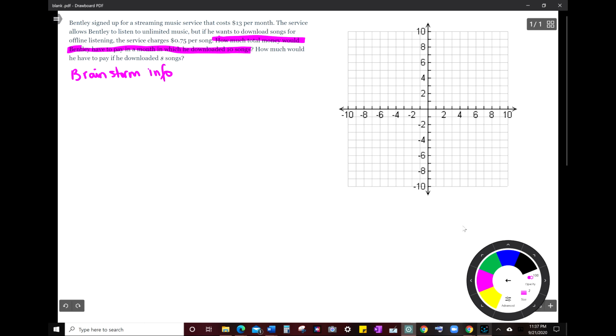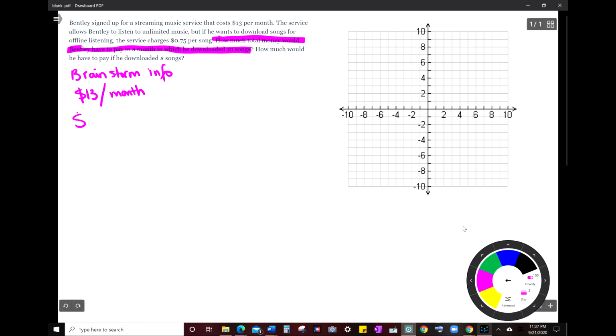Okay, so what I know is $13 per month. What else do we know? We know that for each song he wants to download for offline listening, the service charges 75 cents per song.